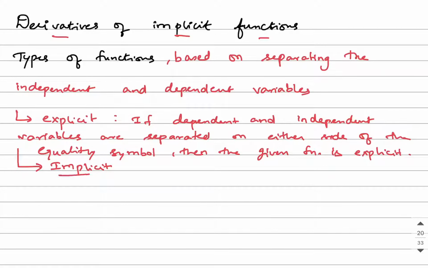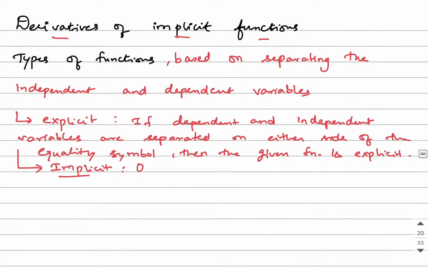What is implicit function? So the counterpart of explicit function, that is the opposite. If you are not able to achieve the above task, then we call it as implicit. So opposite of explicit is implicit.